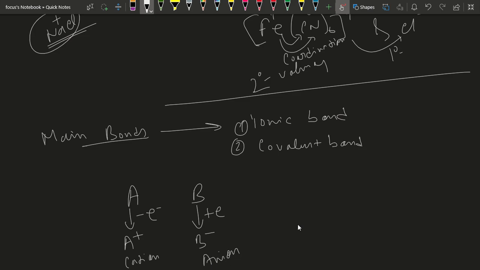And we all know that positive and negative will attract each other. That's why they will form an electrostatic force of attraction between them, and that is called ionic bond.